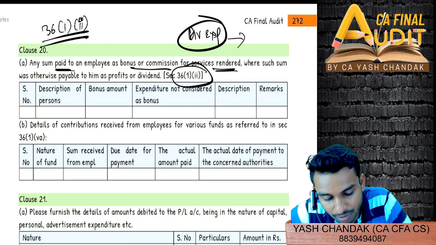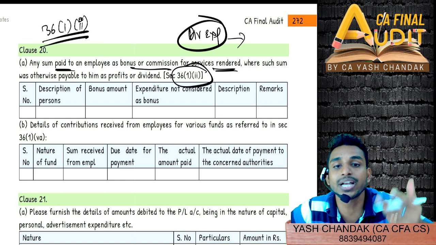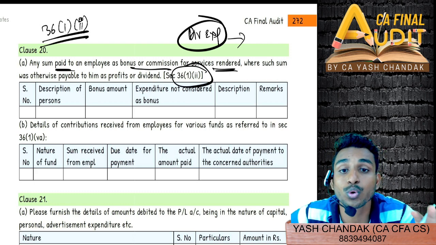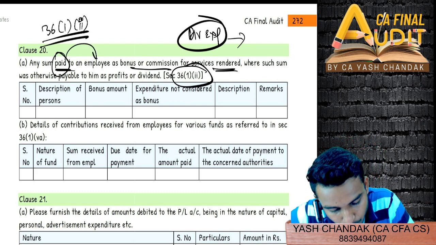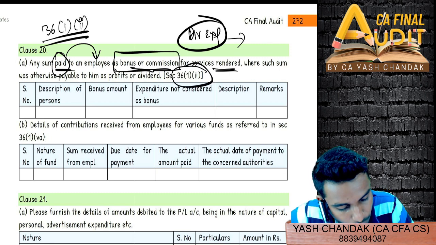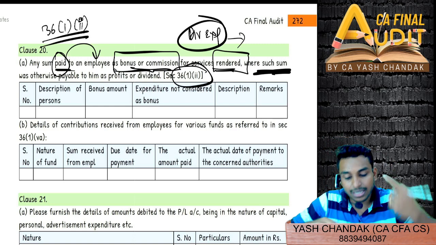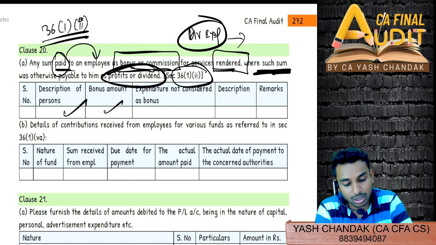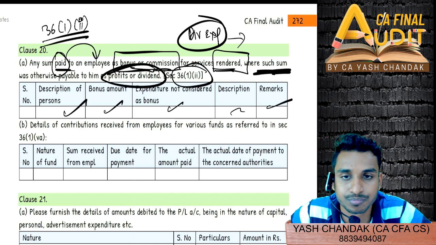So that is why they are saying that if that amount is already liable to be paid to him as a dividend, then that bonus will not be allowed to you as an expense. So any sum paid to an employee as bonus or commission for services rendered where such sum was already otherwise payable to him as profit or dividend, you have to report the amount here, because this will get disallowed in your computation of income.